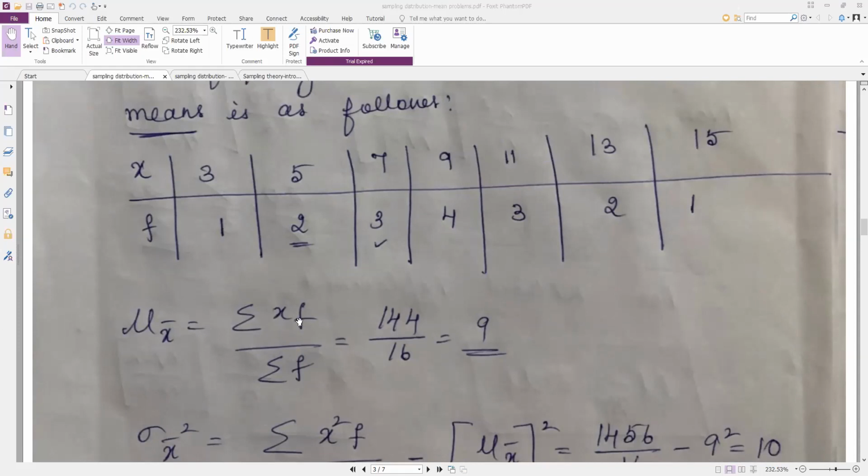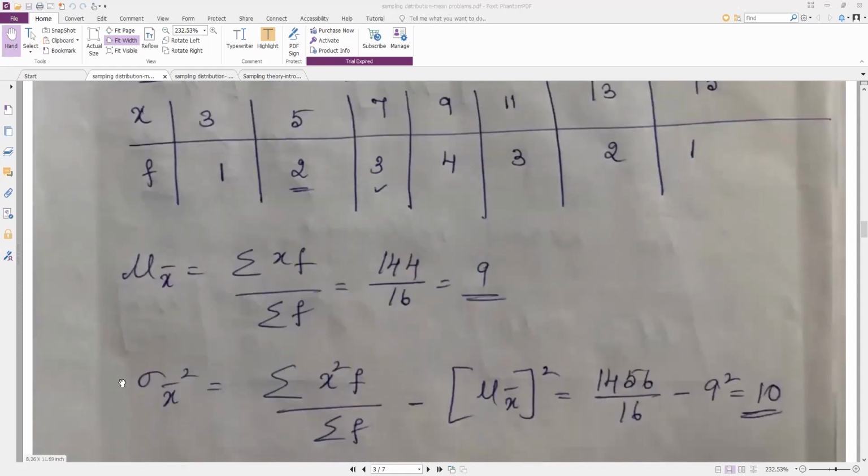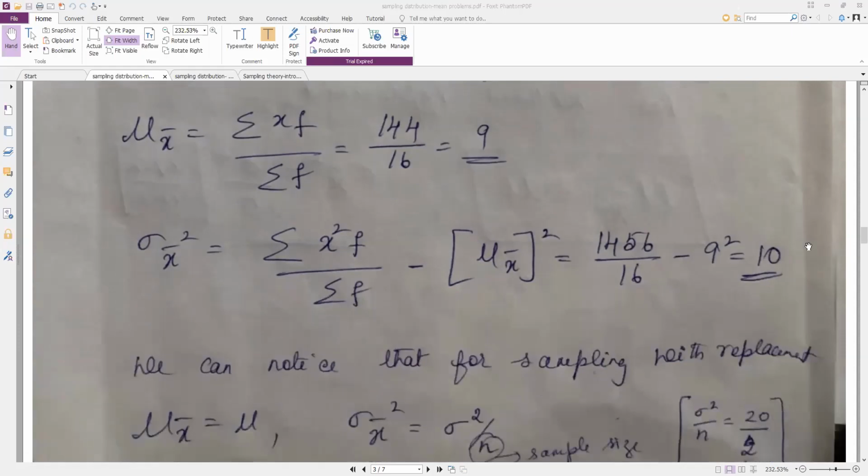So mu x bar is given by summation xf divided by summation f. You will get 9. Then sigma x bar square: summation x square f divided by summation f, minus mu x bar square. This is the formula to calculate the standard deviation of the sample mean. That gives you 10.